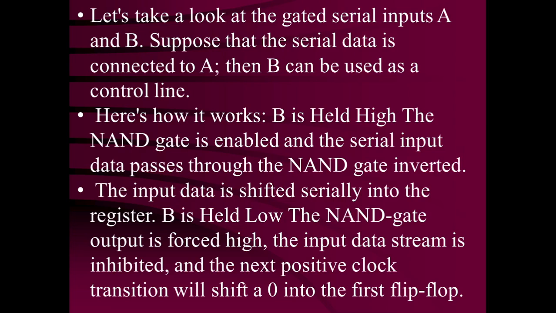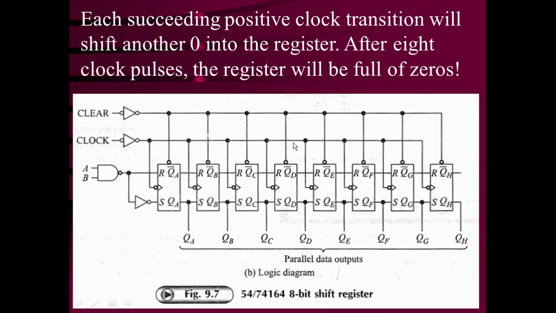So if B is held low, the NAND gate output is forced to be high. The input data stream is inhibited and the next positive clock transition will shift 0 into the first flip-flop. So only zeros will be entered into the first flip-flop. Each successive positive clock transition will shift another 0 into the registers.